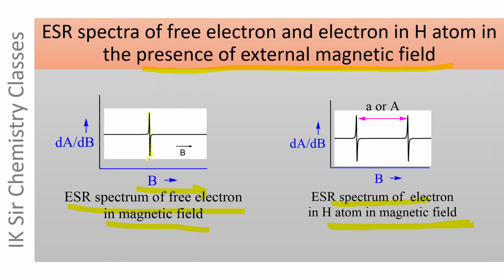This single signal splits up into two hyperfine lines, and the spacing between these two hyperfine lines is nothing but hyperfine coupling constant, which is denoted by a small a or capital A. The hyperfine splitting in many other cases will be discussed in the next video.